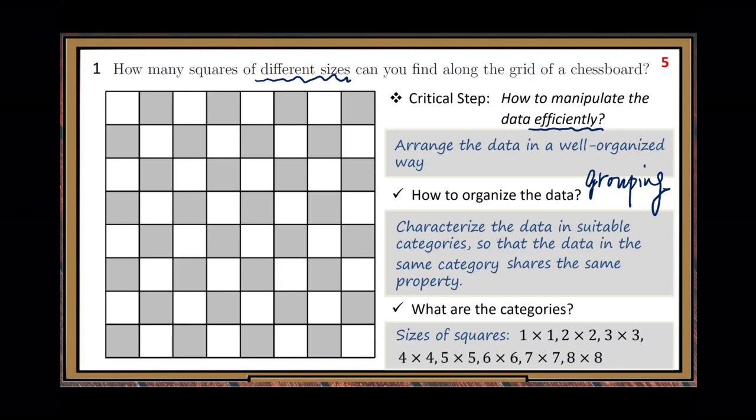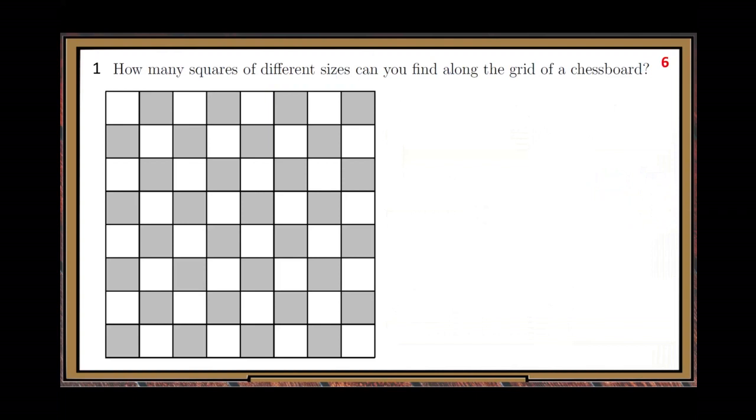Then we reach the largest size 8 by 8. That's all the possible sizes of the squares. So next step, we want to do the counting. Our main work solving this problem is the counting work.